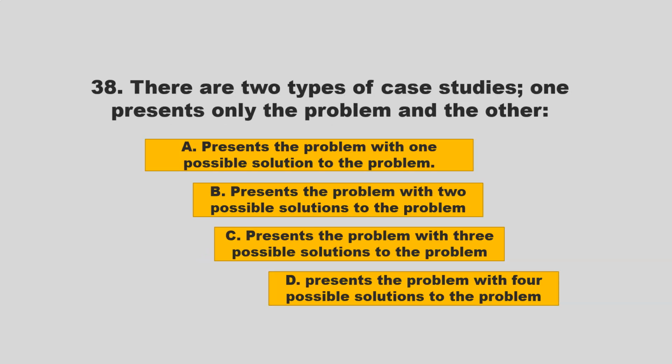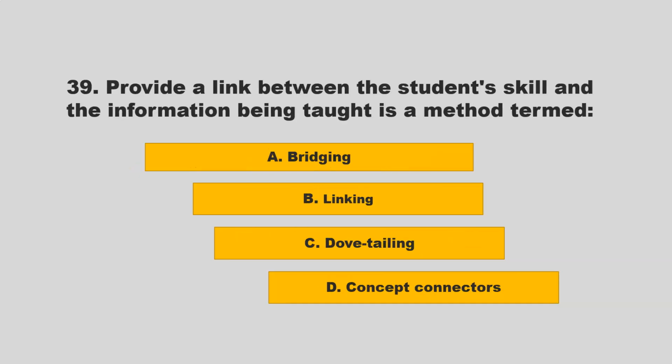One presents only the problem and the other presents the problem with one possible solution to the problem, presents the problem with two possible solutions to the problem, presents the problem with three possible solutions to the problem, presents the problem with four possible solutions to the problem. If you chose A, presents the problem with one possible solution to the problem, you are correct.